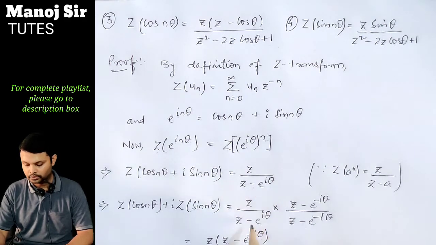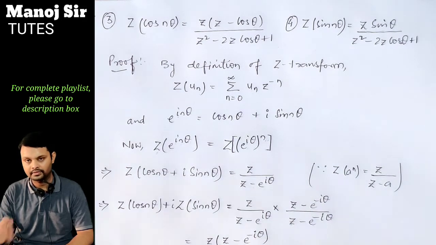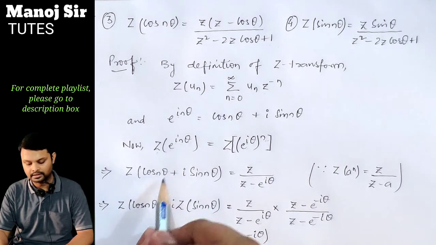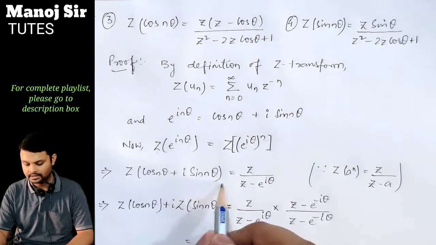We are rationalizing, so don't take positive here, because here we have a complex number. This is very important, and this part can be written as Z transform of cos nθ + i into Z transform of sin nθ.